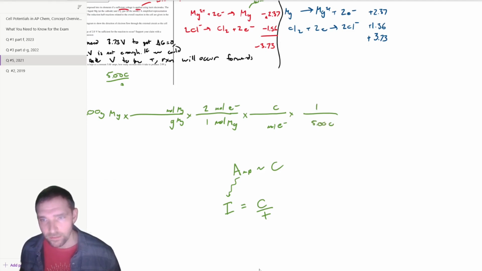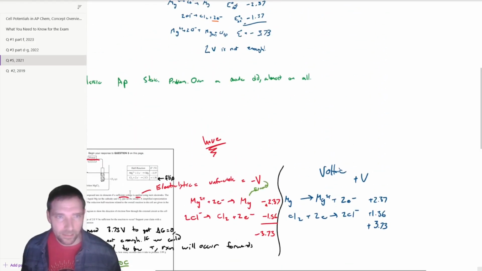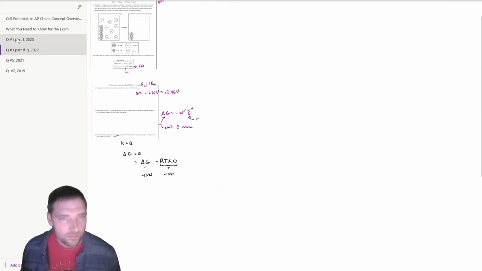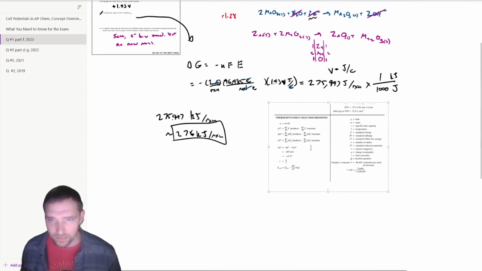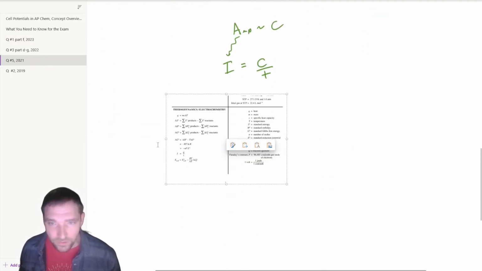So then we can take the coulombs here, or the rate of the amperes, coulombs every second, and then we just multiply across once we have the number of coulombs in one electron and the molar mass of magnesium. And I believe on the last of these problems, we had the formula sheet that was relevant for this. If we're looking back here, this should have everything that we need on it.